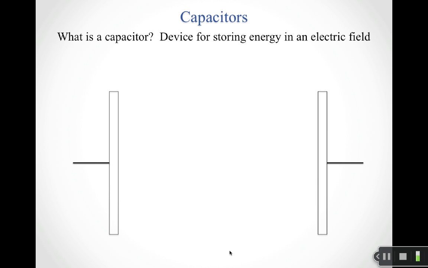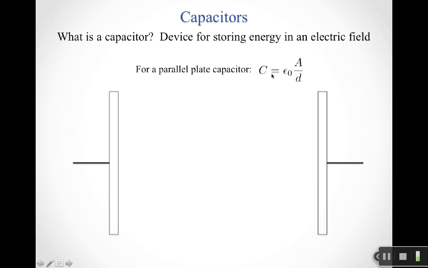Now again, how do we store this energy within an electric field? Well, let's start with our two plates, but this time let's start with them being uncharged. Notice in this situation, my two plates happen to be parallel to each other. It doesn't matter whether these are circular plates or rectangular plates. The important thing is that they're parallel to each other and separated by some distance d.